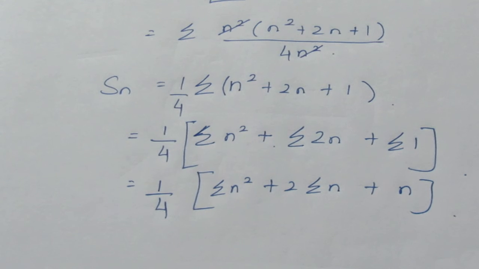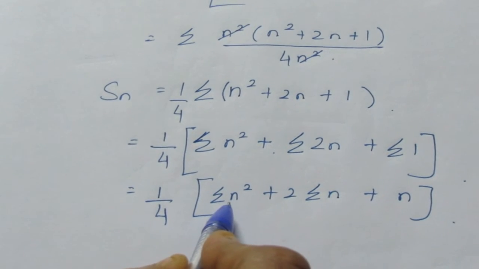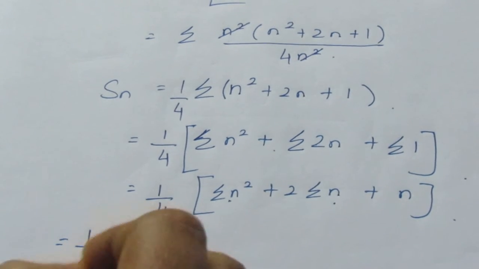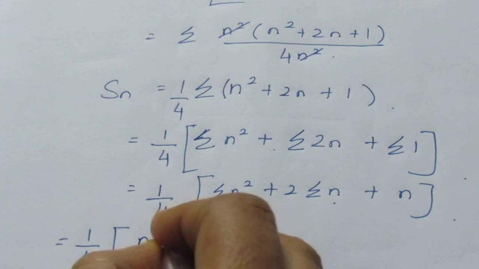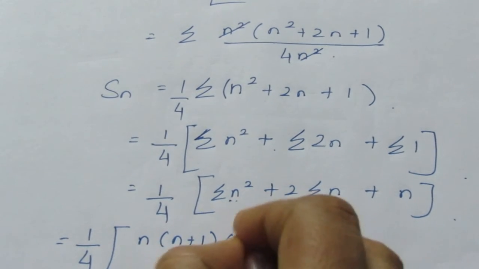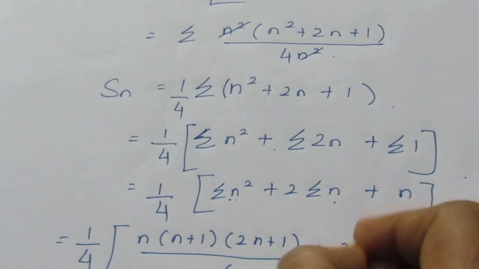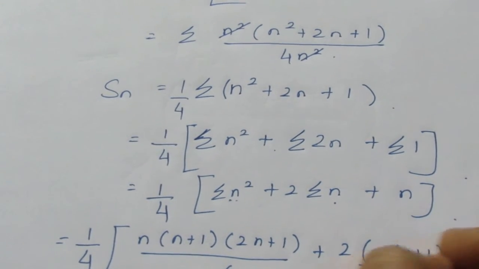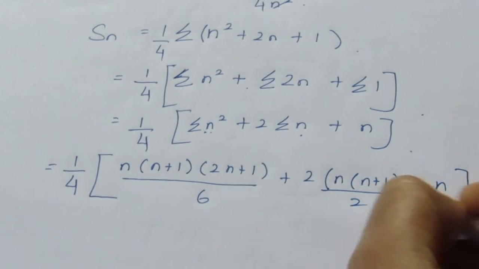We know the formula for the sum of natural number squares and the sum of natural numbers. So it becomes 1 by 4 into n into n plus 1 into 2n plus 1 by 6, plus 2 into n into n plus 1 by 2, plus n.